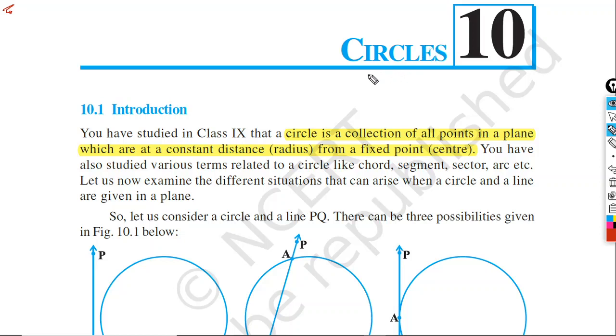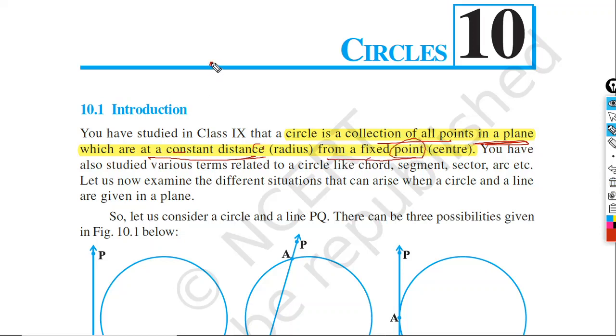Today we are going to discuss Circle, chapter 10. In class 9, we had learned about circle. What was a circle? A circle is a collection of all points in a plane which are at a constant distance from a fixed point.